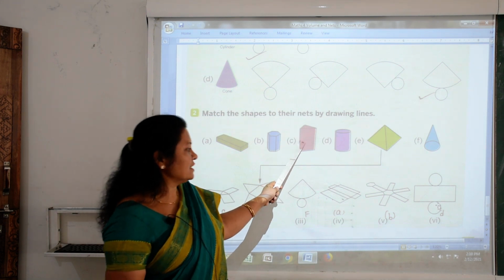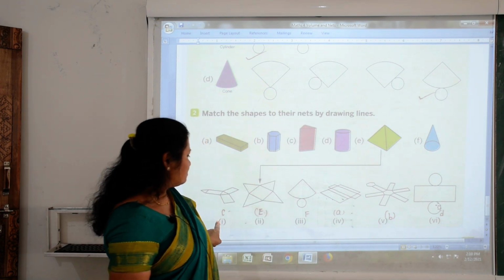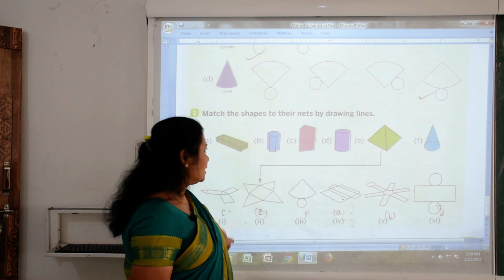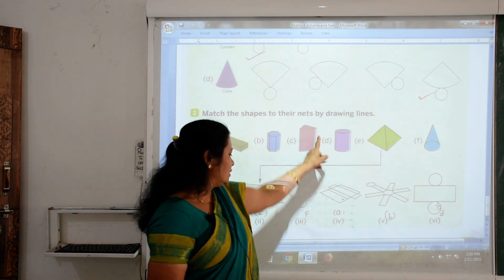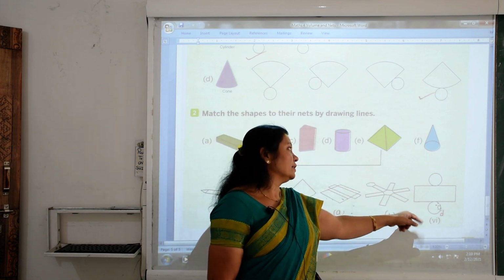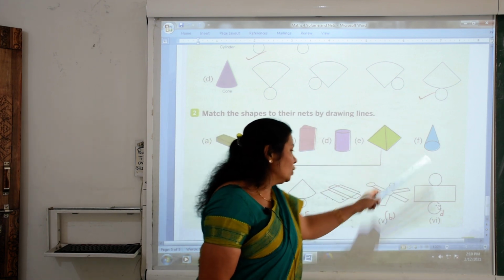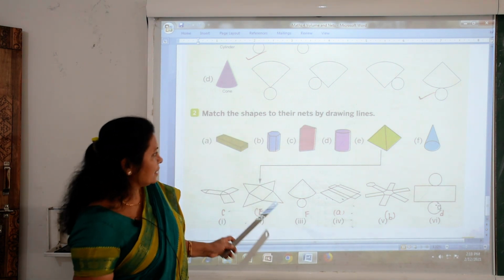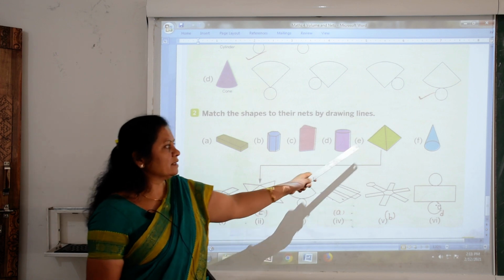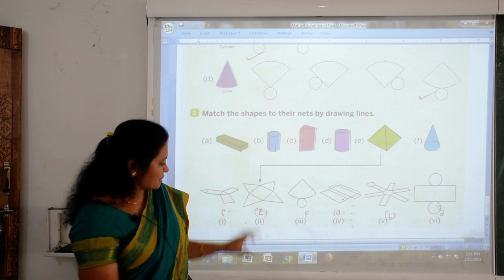And now the third one, C. C is the net of this picture. Now D, so the D picture, this type of cylinder net. And now this cone, the cone picture here, here the triangle. So when you open this type of object, you will find this type of net.